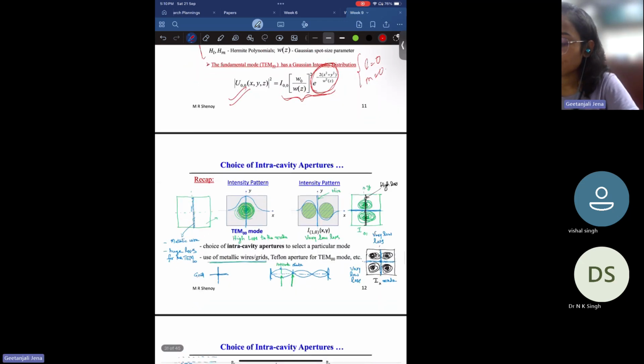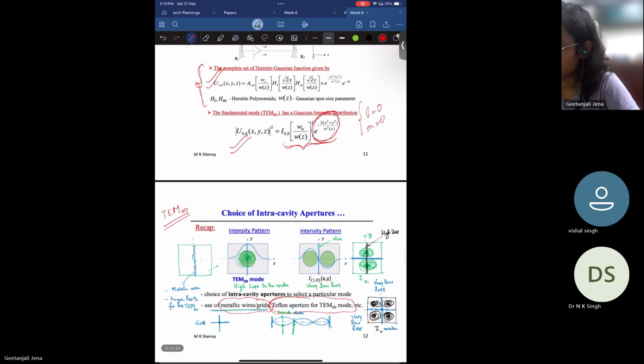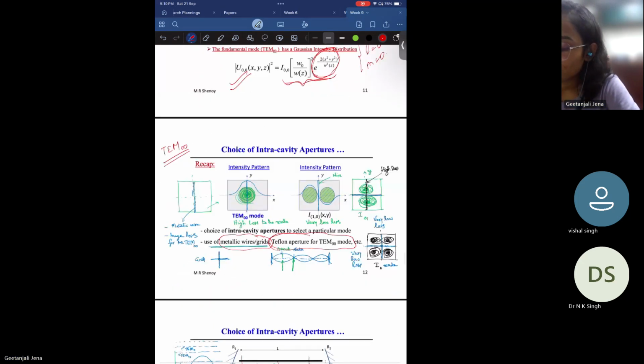So now, let's say you don't want to select the TEM00 mode. For this, what we can do is use an intracavity aperture, let's say a metallic wire or grid or Teflon aperture. If you recall the lecture, for a metallic wire, according to the boundary condition, at the boundary the tangential component of the electric field will be 0.